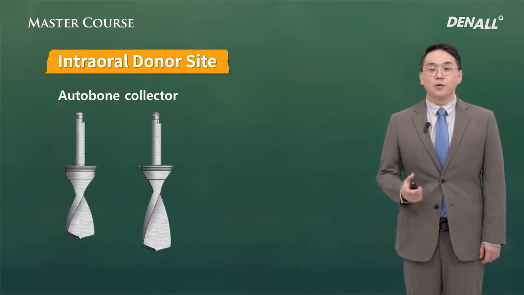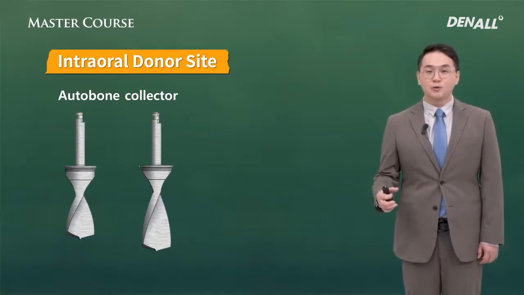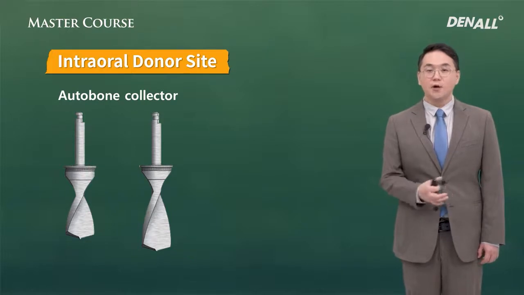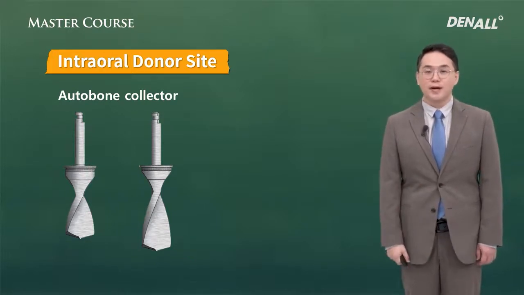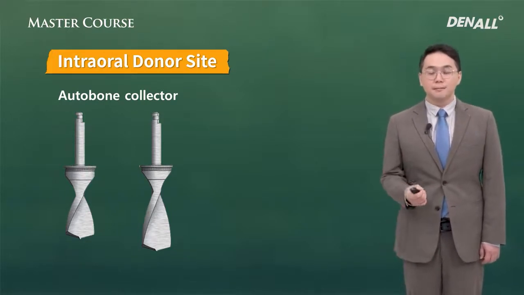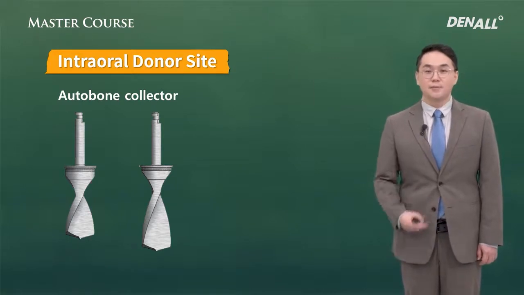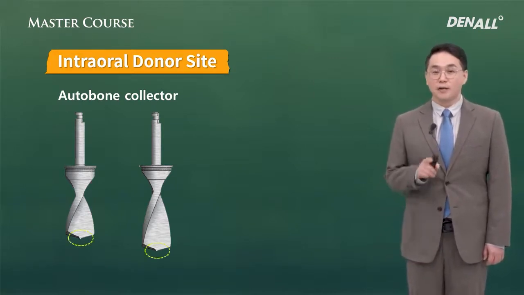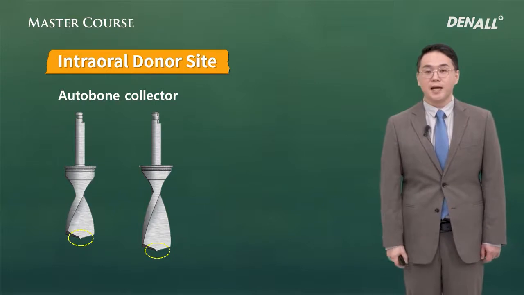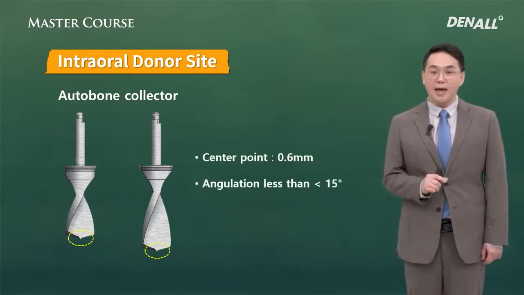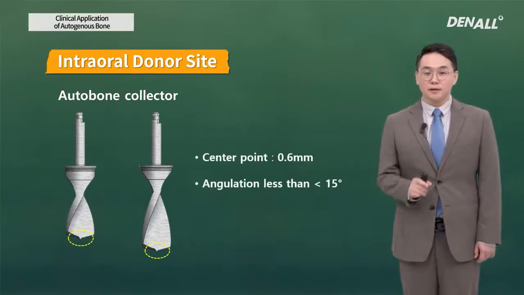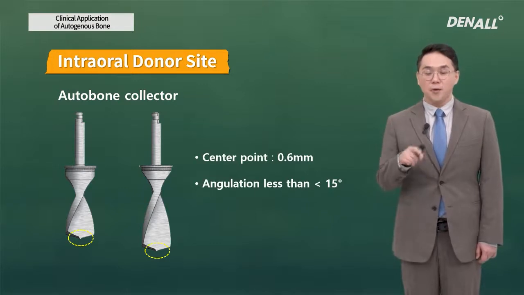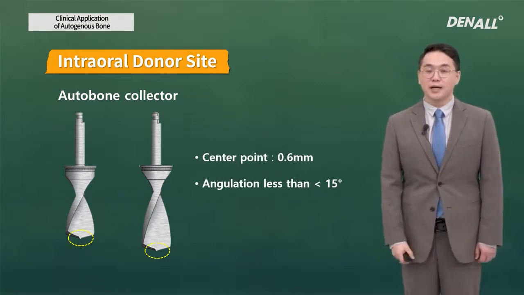The autobone collector can use big diameter drills like 5, 6, or 7 pi without pre-drilling in the cortical bone. A drill may slip or bounce. To prevent that, they designed a 0.6 mm long center point at the end of the autobone collector drill. It stabilizes the rotation of the drill at the center.